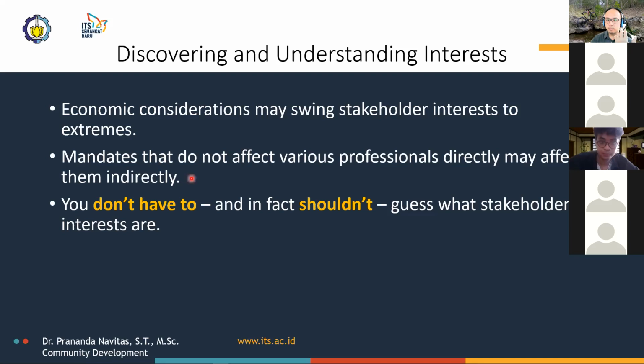So secondly, mandates that do not directly affect various professionals may affect them indirectly. The jobs of police, teachers, therapists, medical personnel, and others can be changed by changes in laws, regulations, or policies.